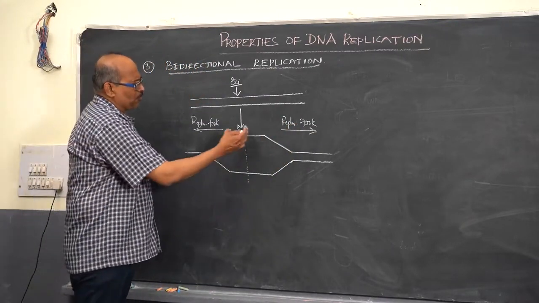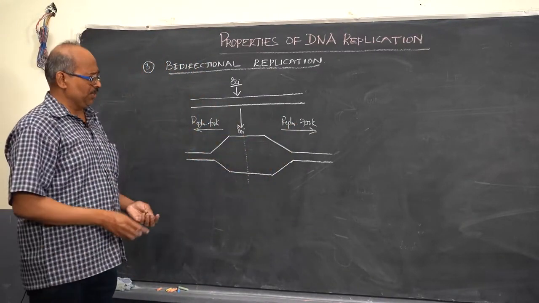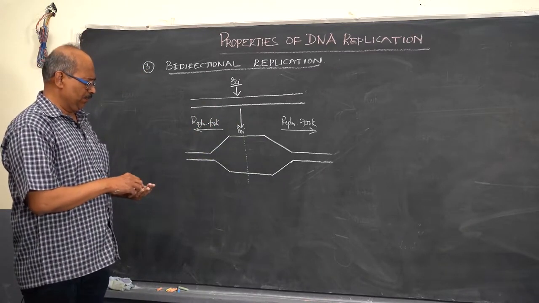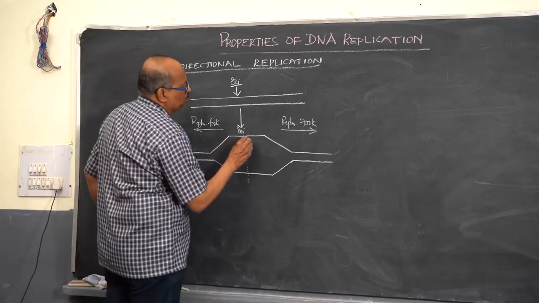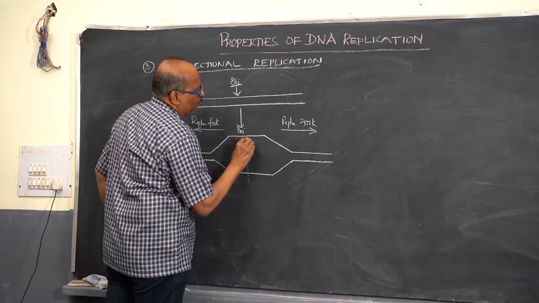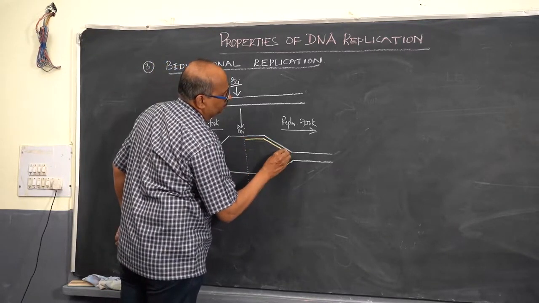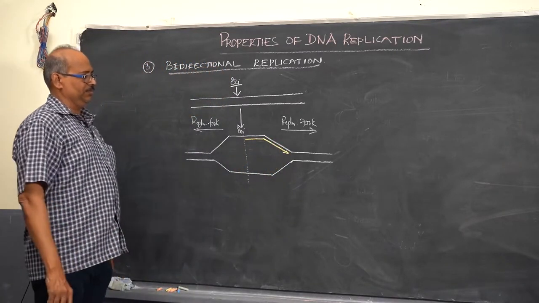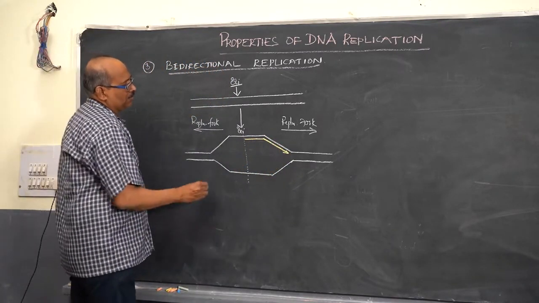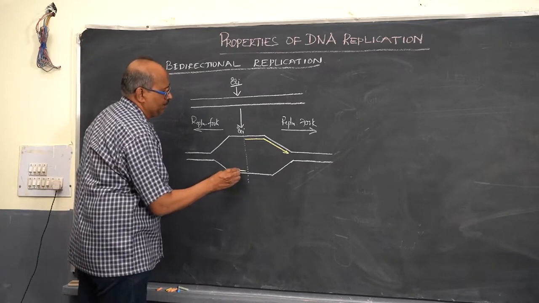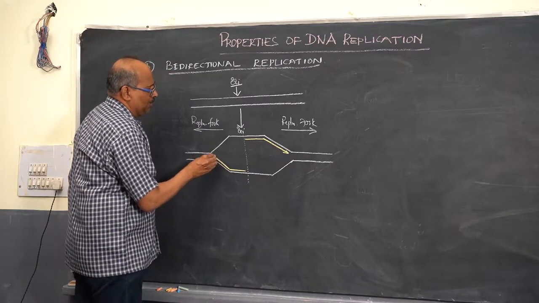Now we will have at least 4 polymerases associated with this. This will be one leading strand. This will be another leading strand.